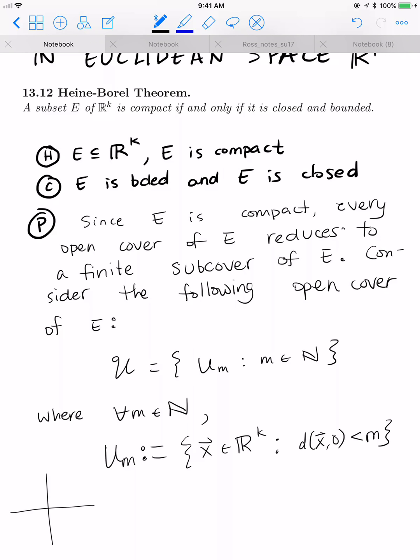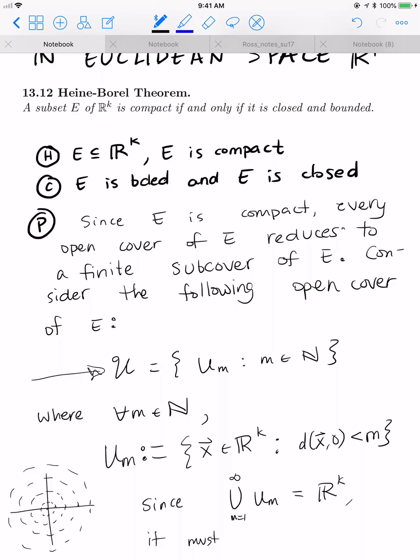So if k is equal to 2, then here's U1, U2, U3, U4, right? Now if we look at script U, which is the collection of all of these U_M's, since the union of U_M, M equals 1 to infinity, is equal to R^k, it must be that E is contained in the union.